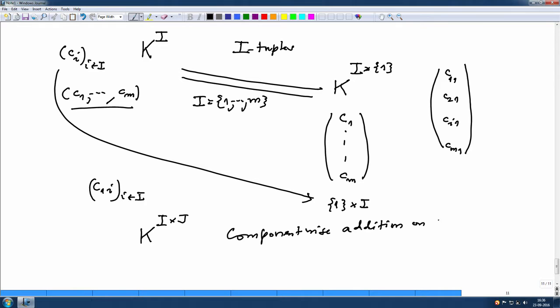Add means add the corresponding ij-th entry.